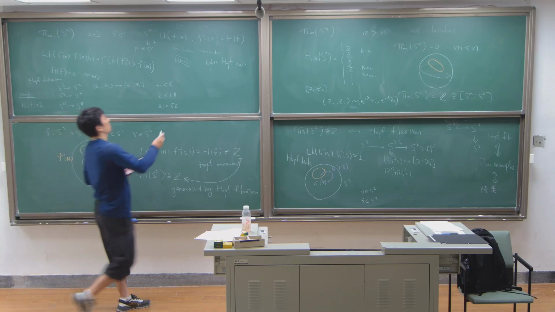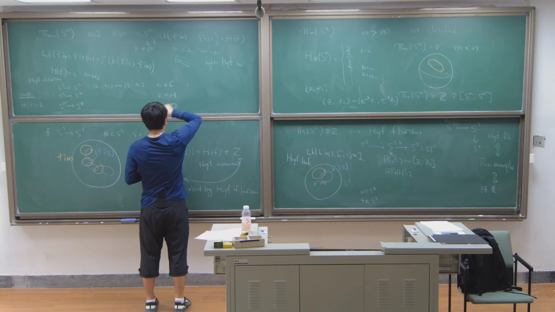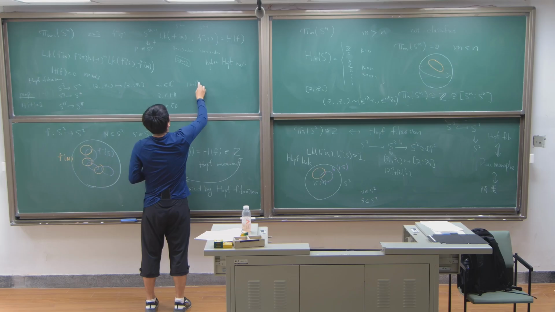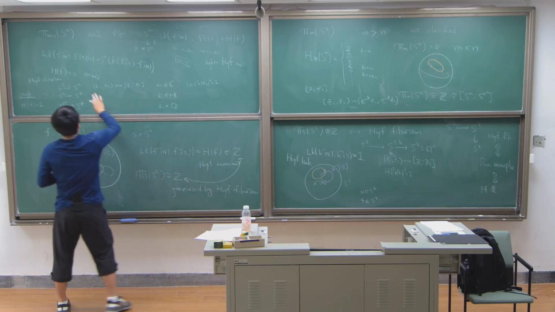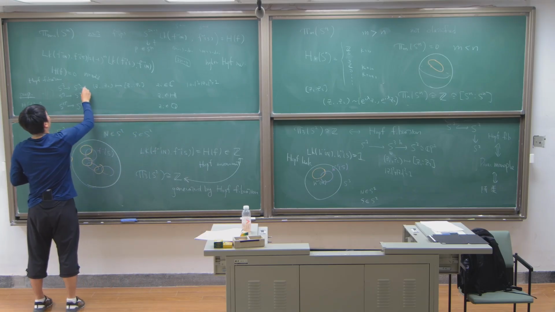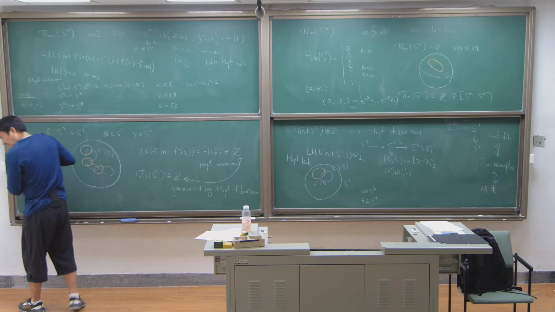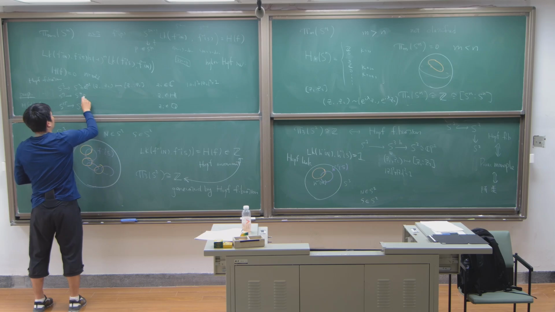Of course they satisfy the norm condition, and this one is just identified as CP1, this one is identified as HP1, and this one is identified as octonion P1.